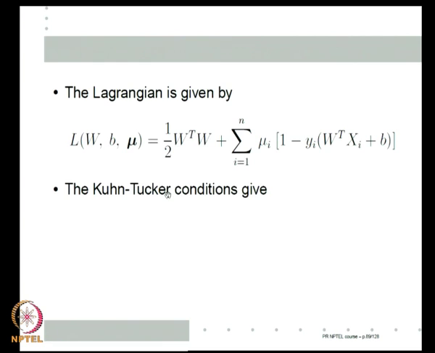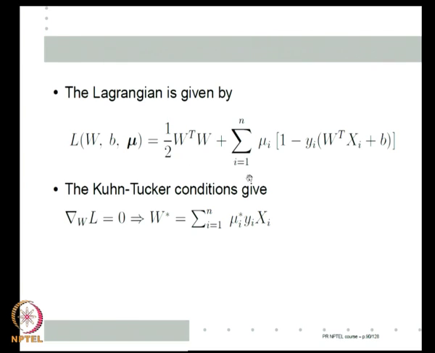So, if I now apply my Kuhn-Tucker conditions, what do the Kuhn-Tucker conditions give? First is that the gradient of L with respect to the optimization variables should be 0, that is, the gradient with respect to W should be 0 and the partial derivative with respect to b should be 0. If I first take the gradient with respect to W of L, this term will give me a W; just so that this term will not give me 2W but W, I put a half here.